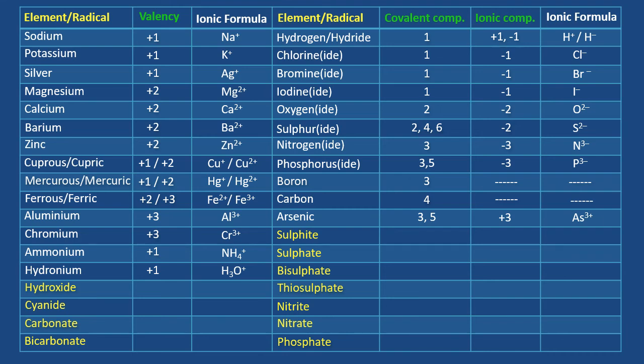These are anions consisting of group of atoms in which hydroxide, cyanide, bicarbonate, bisulfate, nitrite and nitrate show a valency of -1, while carbonate, sulfite, sulfate and thiosulfate show a valency of -2.